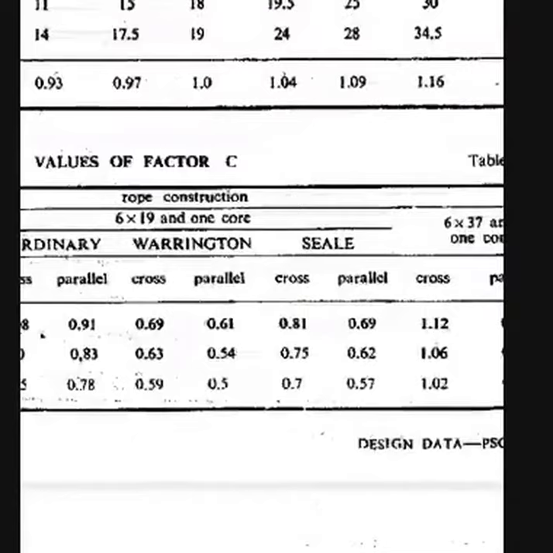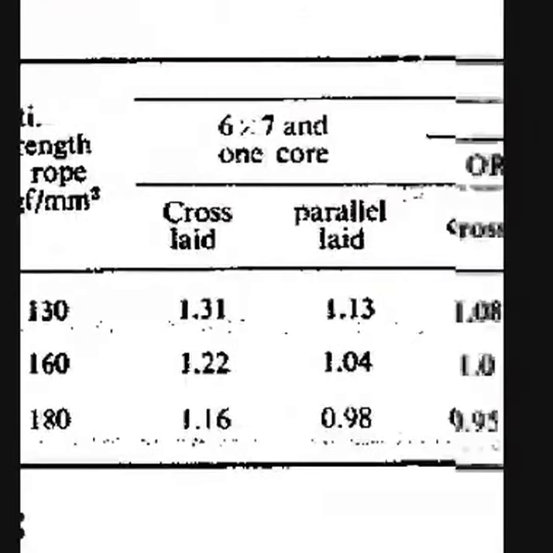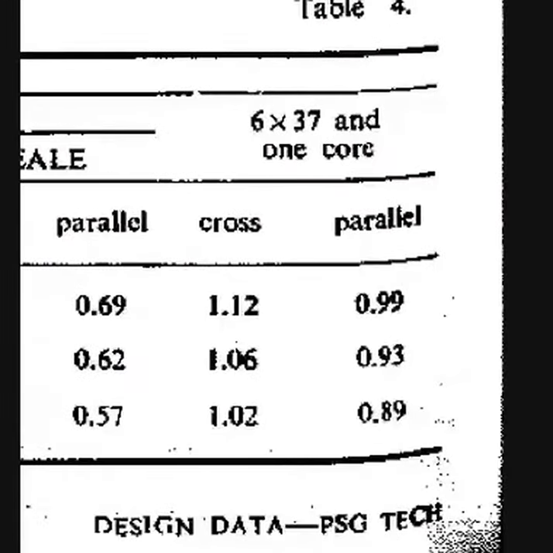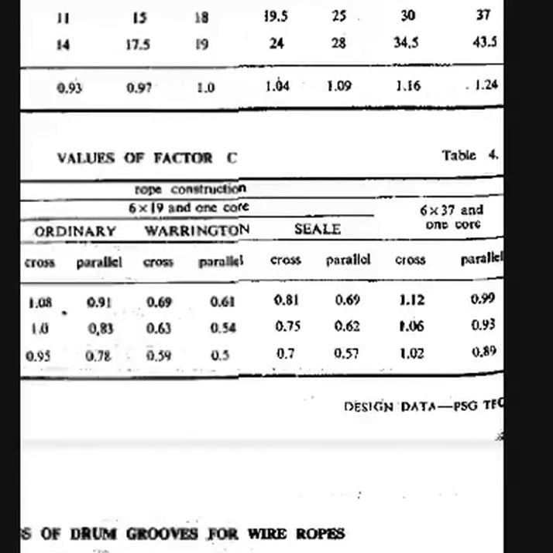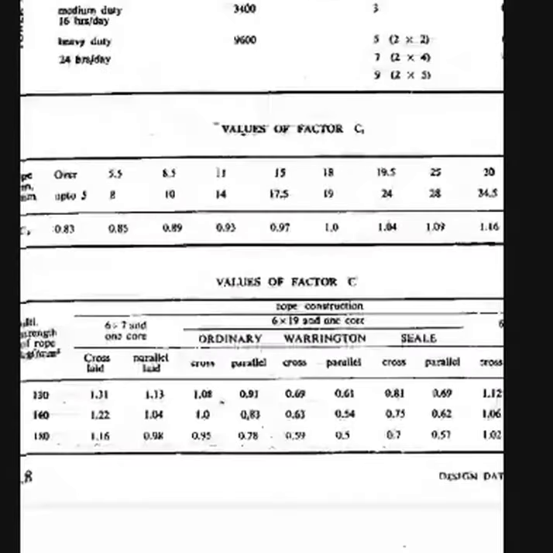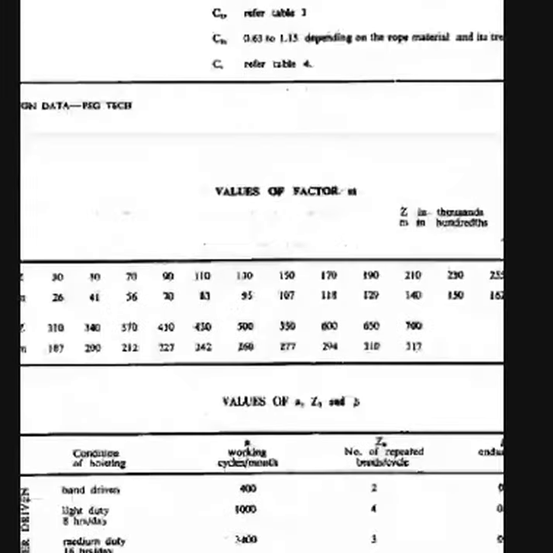For 160 it is 1.06. I have taken for 180 because our value is 165. So it is more than 160. So I have considered the value of 180 as the value of C, the last one. Okay, you can take 1.06, not a big deal.